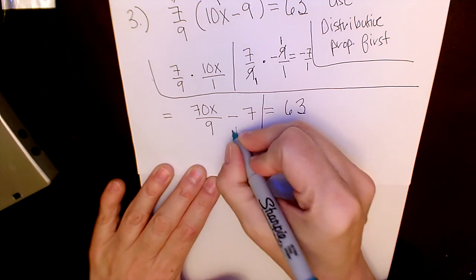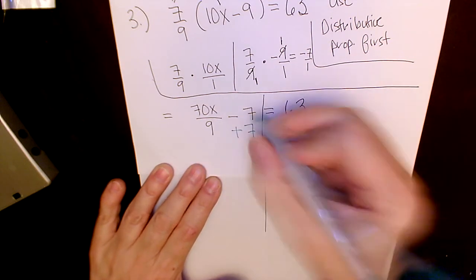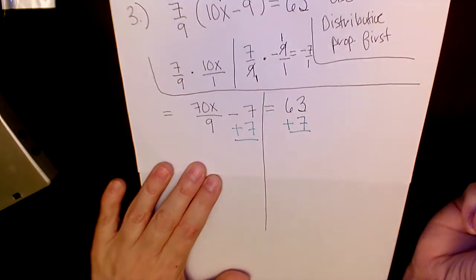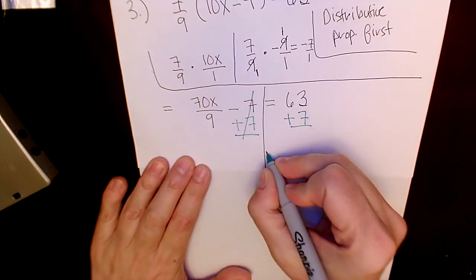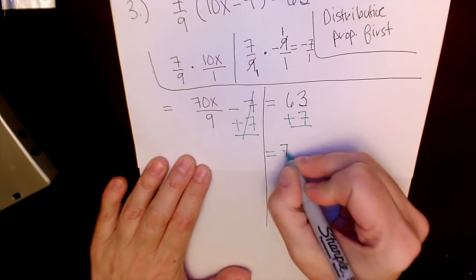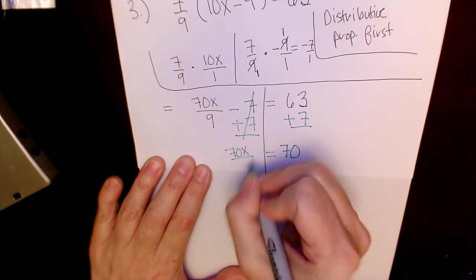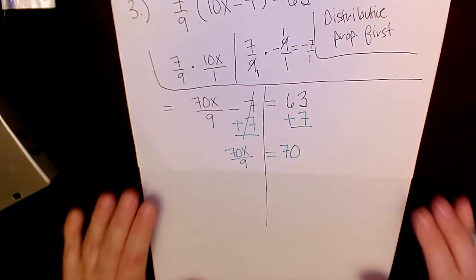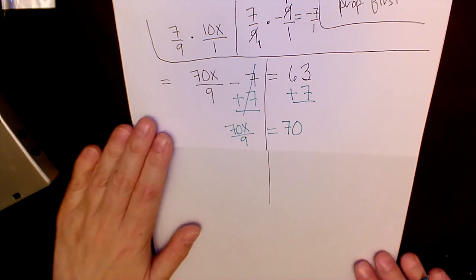I add 7 to both sides. So these drop out. What's 63 and 7? Well, that's 70. So I've got 70x over 9 equals 70.